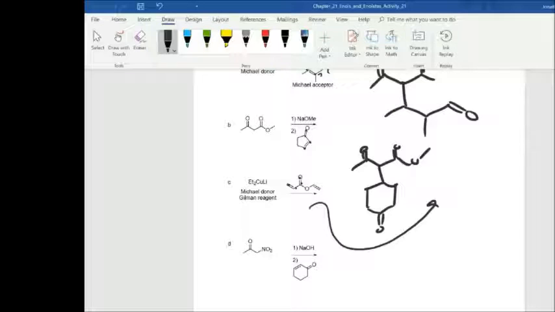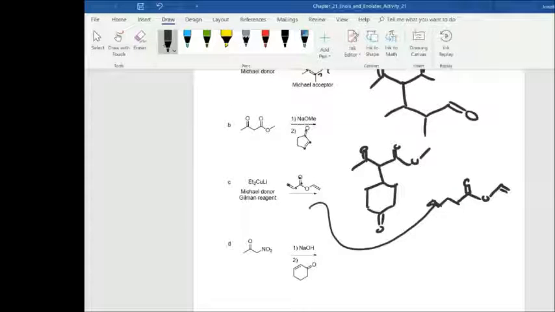So the right side remains completely untouched, resulting in this product. And it's an ethyl, so you're basically adding an ethyl at a 1,4 addition. So count 1, 2, 3, 4.